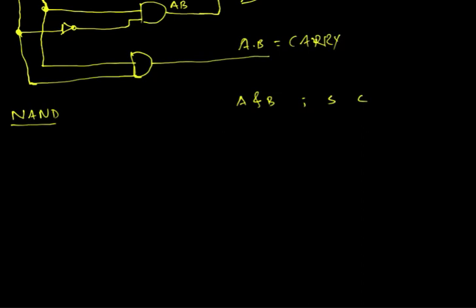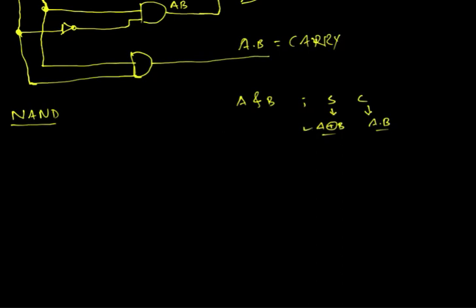The sum is given by A exclusive OR B, and C is given by A and B. So using NAND gates we have to construct an XOR gate, and we also have to construct an AND gate. We have already seen how we can construct an AND gate using NAND gate. So let's start our construction of the XOR gate using NAND gates.